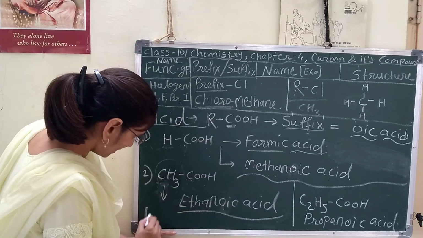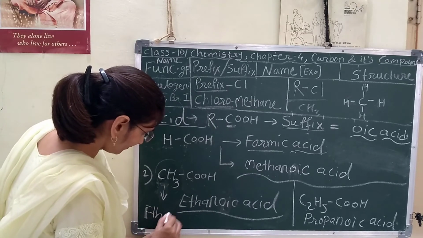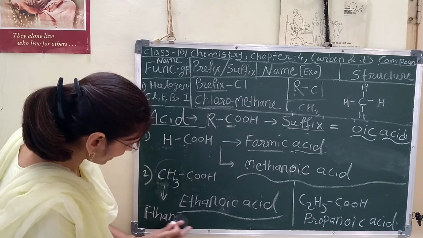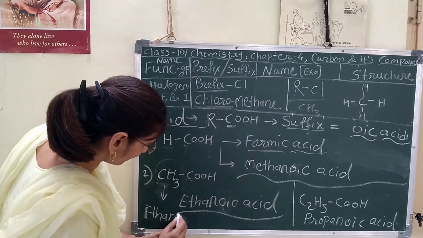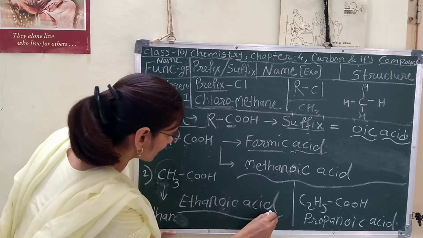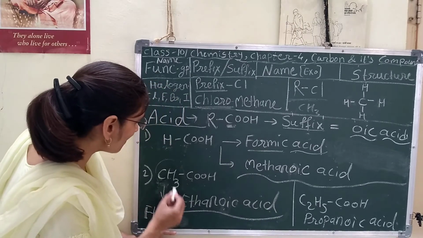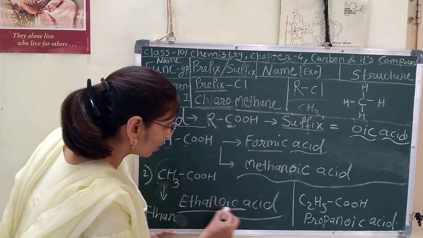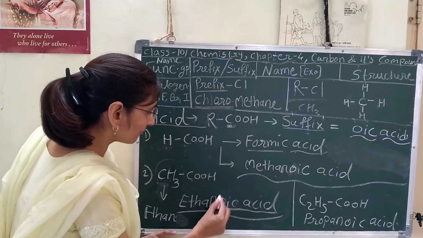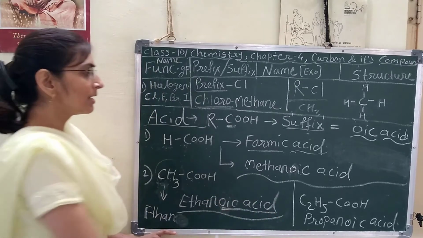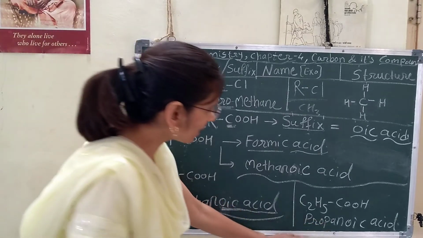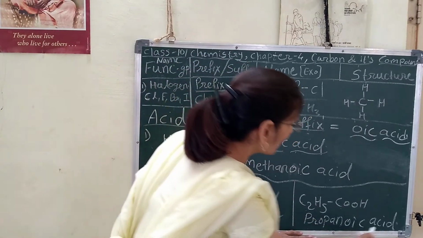So if I write ethane here, then I will replace that E, and it will be replaced by oic acid. So the name of this compound will be ethanoic acid. This suffix is attached here, as in methanoic acid, here ethanoic acid, and the next one will be propanoic acid.